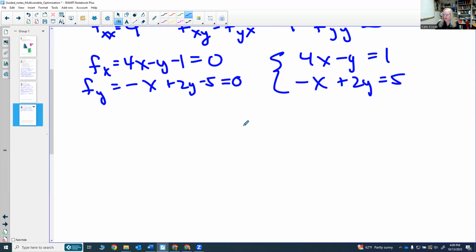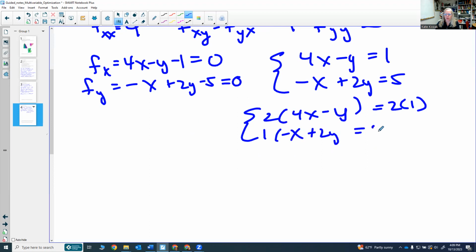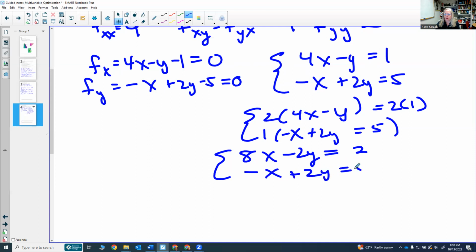If you multiply the first equation by 2 and the second equation by 1, so 2 times 4x minus y is equal to 2 times 1, and 1 times negative x plus 2y equals 5, that's going to give you 8x minus 2y is equal to 2, and minus x plus 2y is equal to 5.